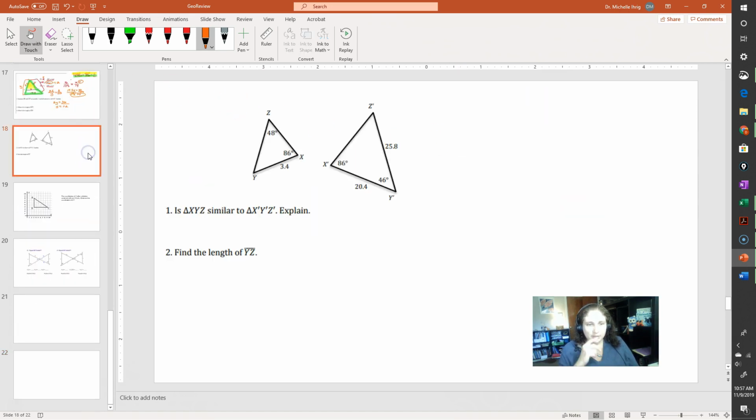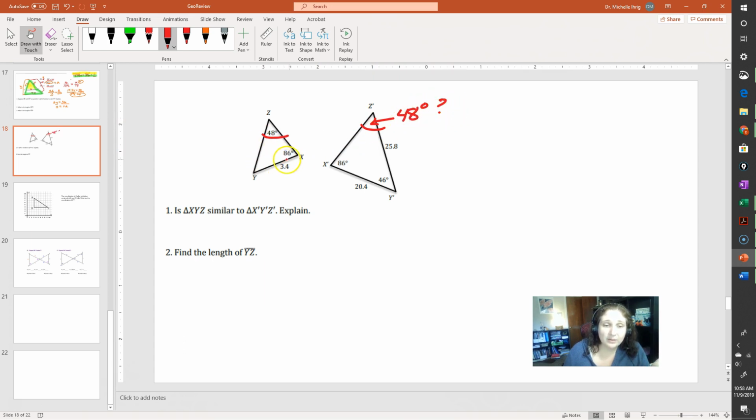Okay, 3 more questions. Are they similar? Explain. And then it says find the length of YZ. Well, we already know here this is 48, and we don't see 48 over here. So if they were similar, this would have to be 48 degrees. We don't know if it is.